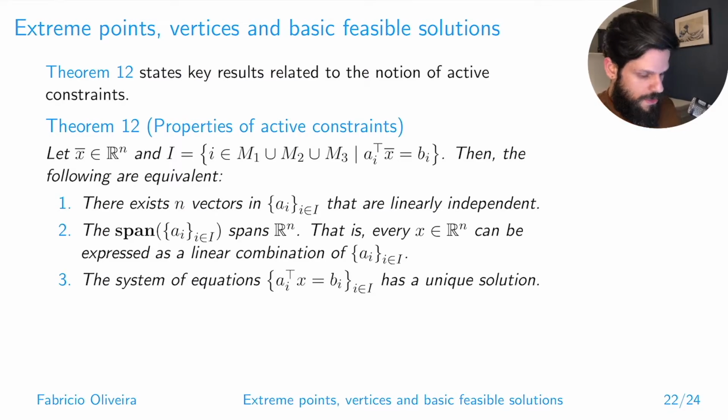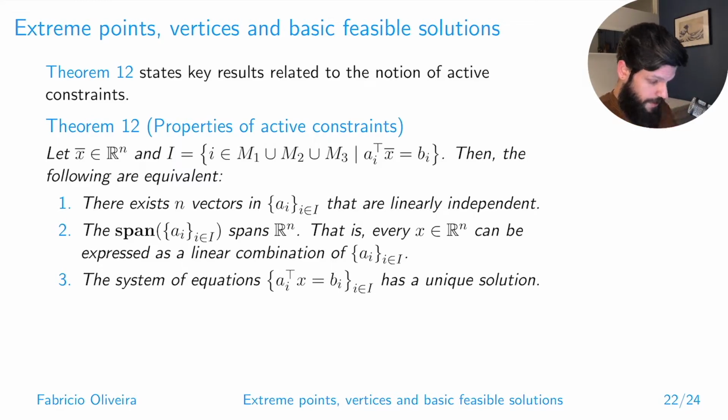All right. So this is sort of the main aspect. This theorem 12 is showing the main important properties associated with when we look into active constraints in linear programs.